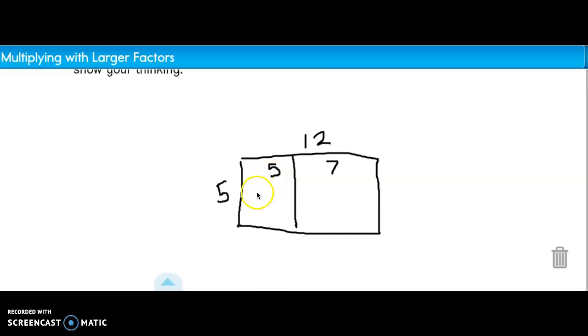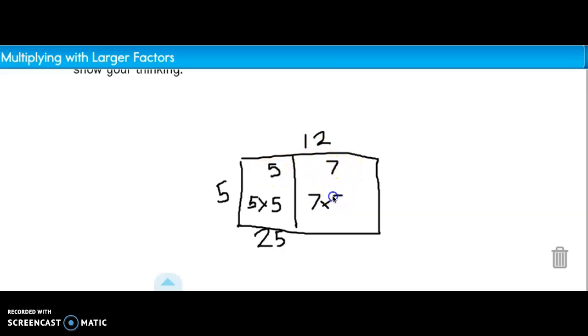So I'm going to go ahead and put 5 times 5 over here, which is 25, right? And then over here, I'm going to put 7 times 5 because I've cut the 12 into 5 and 7.